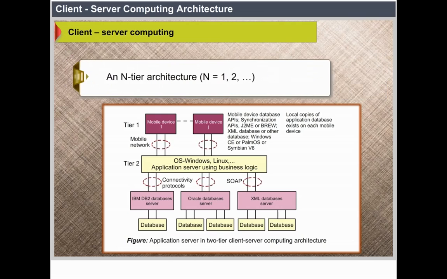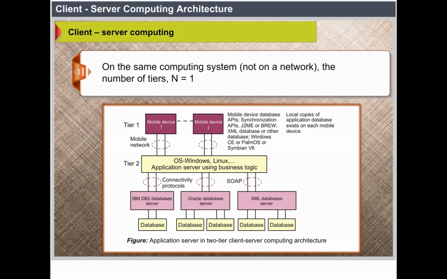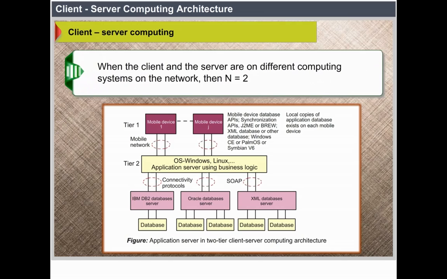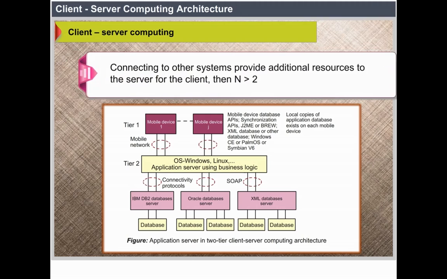An n-tier architecture, where n is equal to 1 or 2. If the client and server are on the same computing system, not on a network, then the number of tiers n is equal to 1. When the client and the server are on different computing systems on the network, then n is equal to 2.